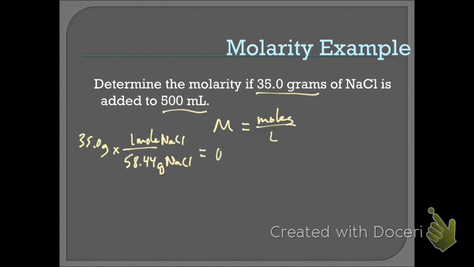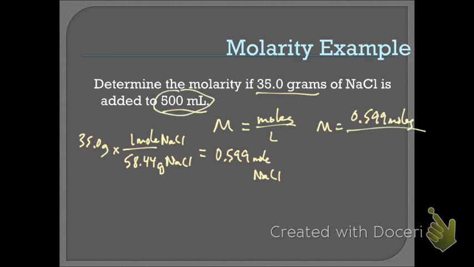So if you get this, it's 0.599 moles of NaCl. So now I've converted it to, I'm going to do it over here, 0.599 moles. And then I'm given milliliters, so milliliters I need to convert to liters.